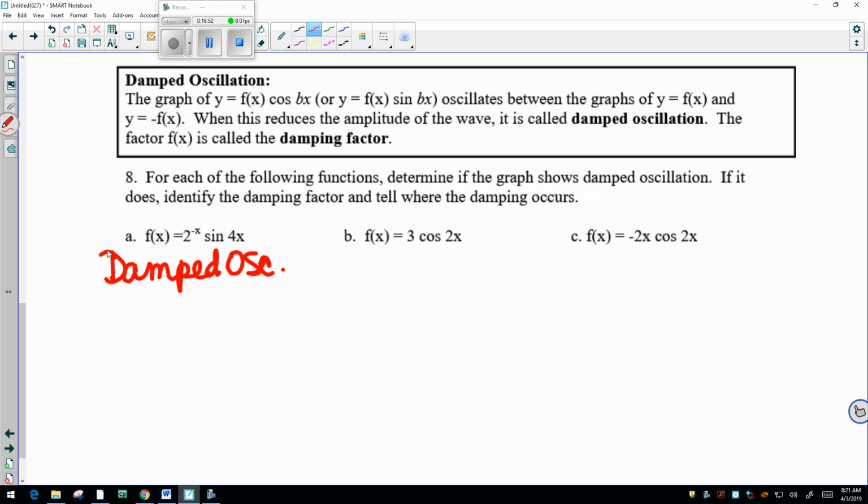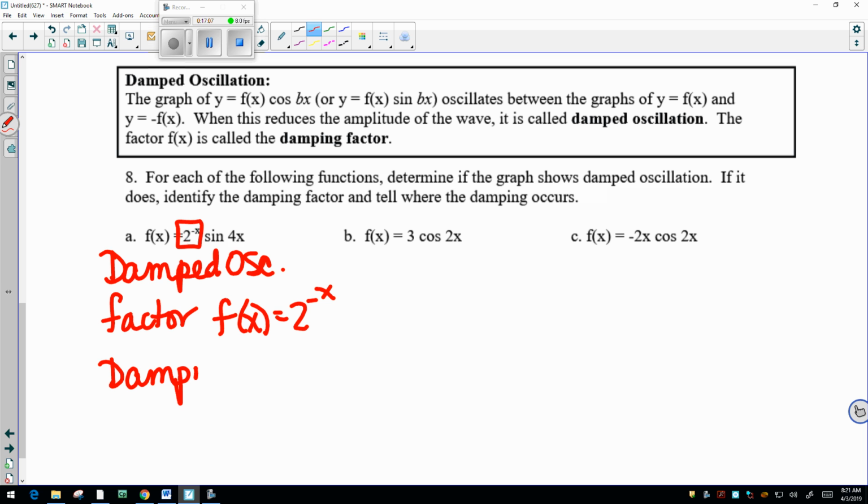The factor is what it's being multiplied by. So I can say your factor is going to be 2 to the negative x. And I can also tell you that the damping happens as x is going towards 0.